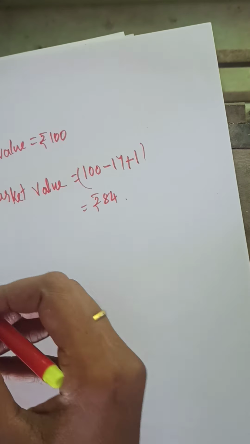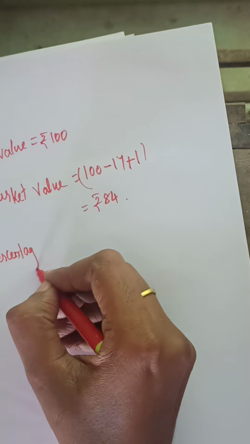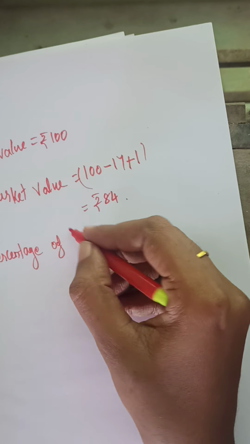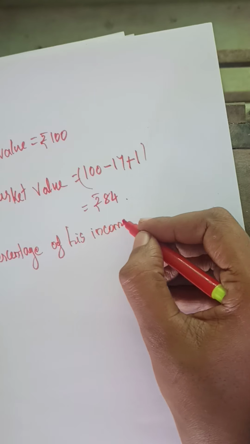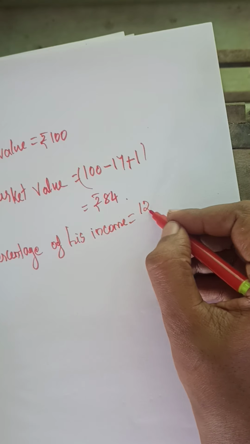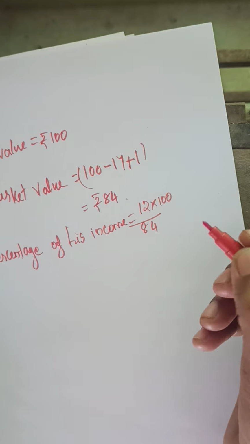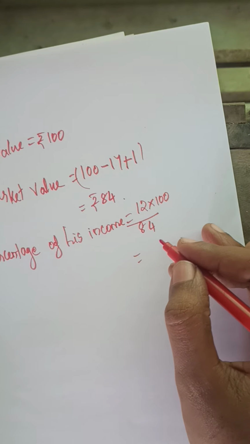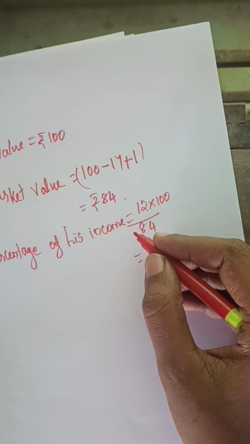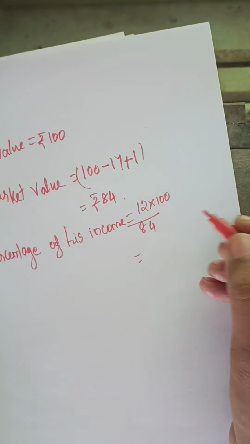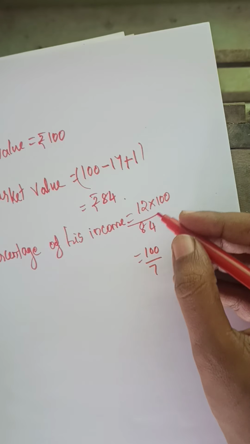Now we can find the percentage of his income. Percentage of his income is equal to 12 into 100 divided by 84. Okay, 12 into 100 divided by 84. So 12 into 100 means how much you will get? 12 into 100 by 84. So you will get 100 by 7. Okay, cancel.